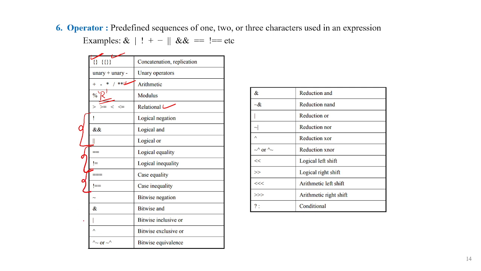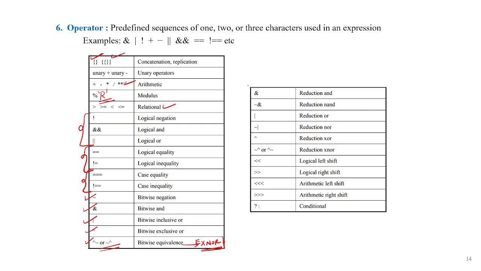Bitwise operators are bitwise not, bitwise and, bitwise or, bitwise exclusive or, and bitwise equivalency, which is XNOR. XNOR is also called the equivalency gate; in the comparator, A equal to B is the XNOR gate. There are two symbols: cap of not, or not cap. These are the two symbols for the bitwise XNOR operator.